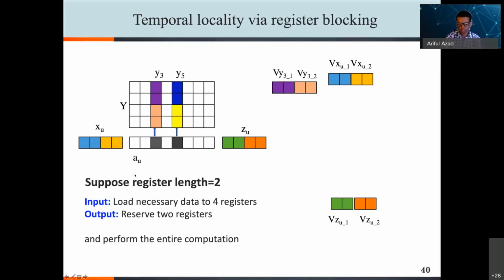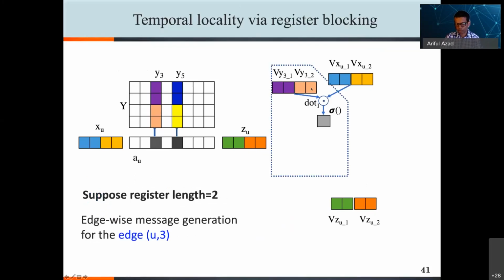And remember, when we generate messages for every edge, for this particular edge, U2, 3, we have to compute some operation between these 2 vectors. Suppose we are computing the dot product in graph embedding algorithms. Then given these 2 vectors, we compute the dot product. Maybe we can apply a sigmoid function, a nonlinear function, and then we get one number.